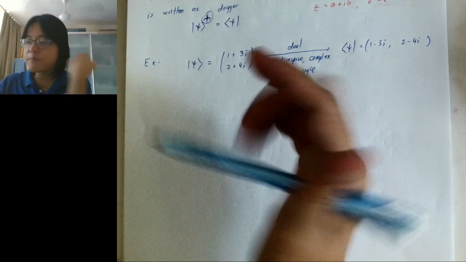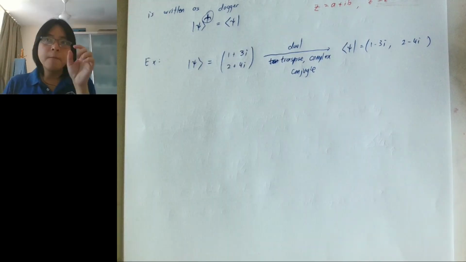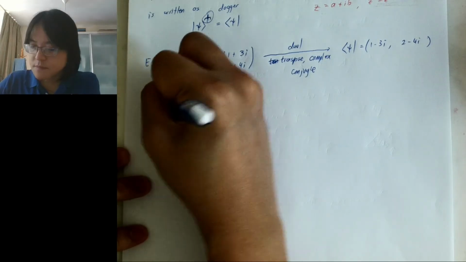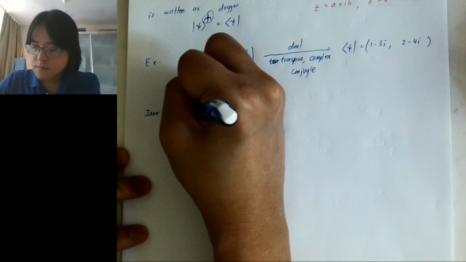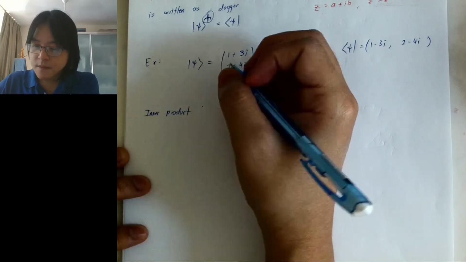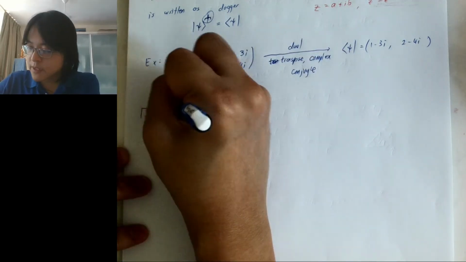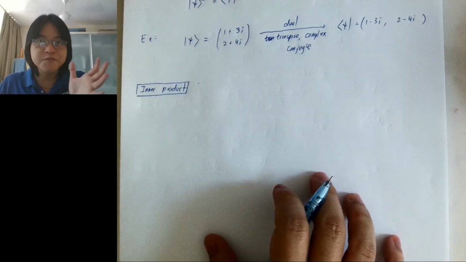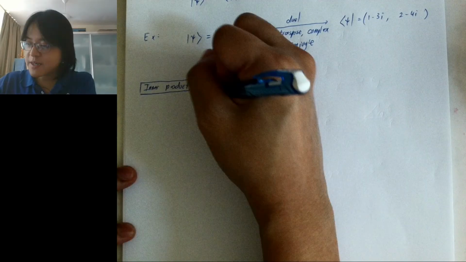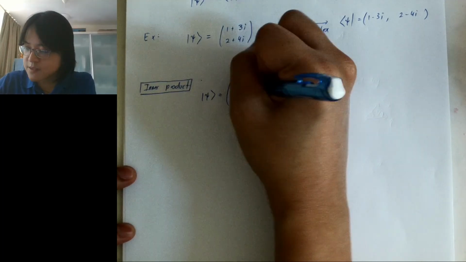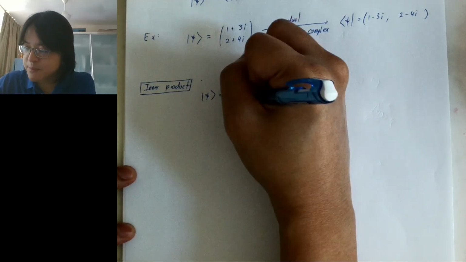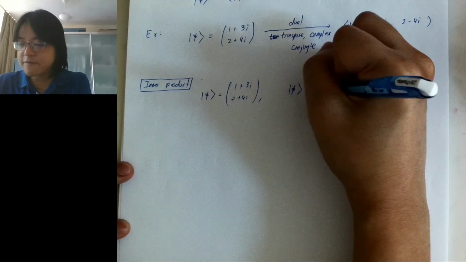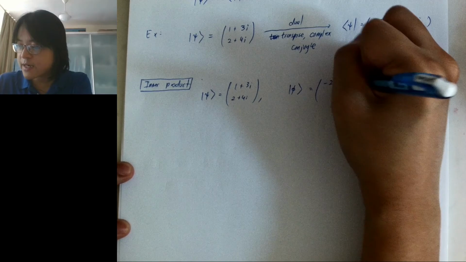Before that, we need to define the inner product. So let's talk about the inner product, and it's best to start with some concrete examples. Let's say I have this vector, 1 plus 3i, the same as just now, and let's take another different ket, 2 plus i and i.